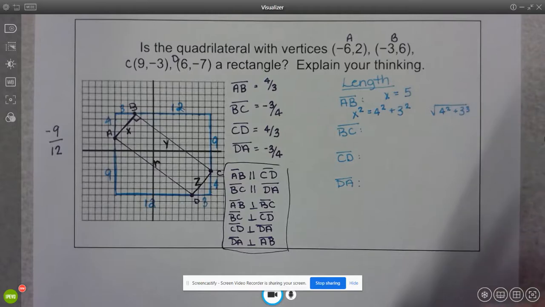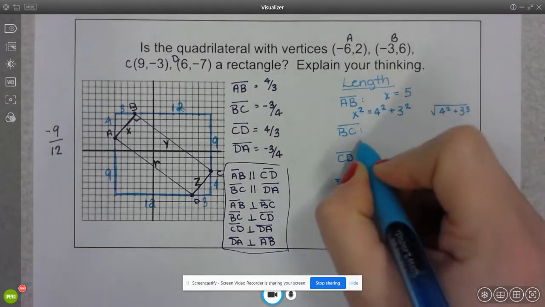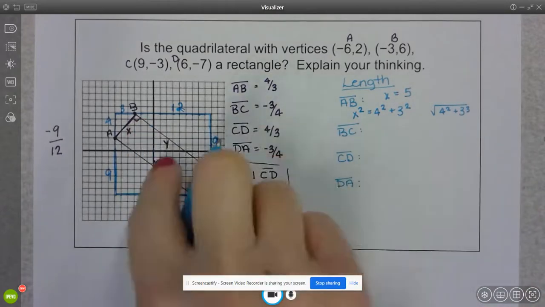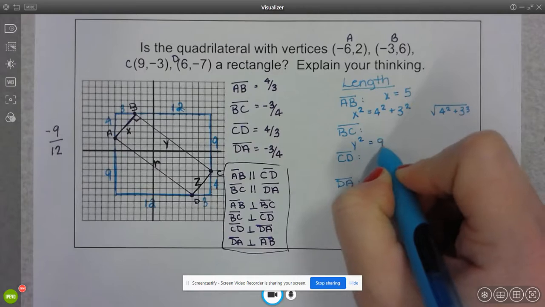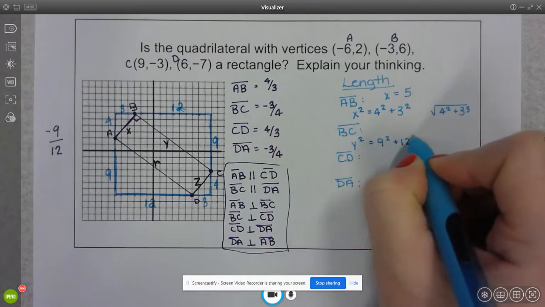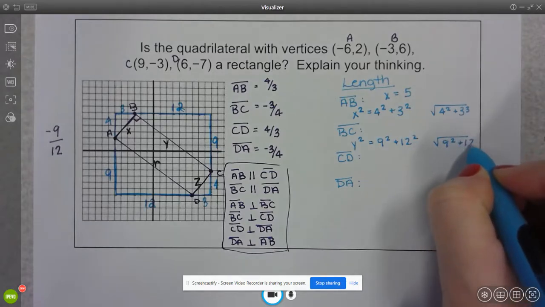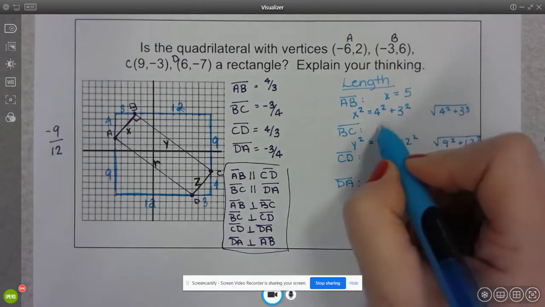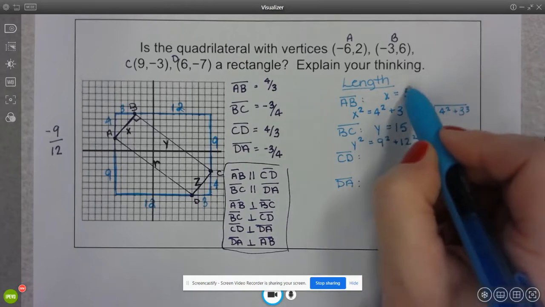I did not do that in my head. For BC, let's see, BC is Y. So I have Y squared is 9 squared plus 12 squared. So ultimately in my calculator, I'm doing 9 squared plus 12 squared under the square root, which is going to tell me that Y is 15.